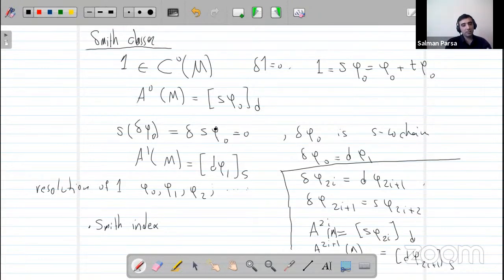But it's still not uniquely defined. You have these choices when you want to write something as S times some other chain or D times some other chain. These choices give you different resolutions. But those different resolutions always give you the same classes. And this is also a nice property that allows us to play with these resolutions and get some nice results.